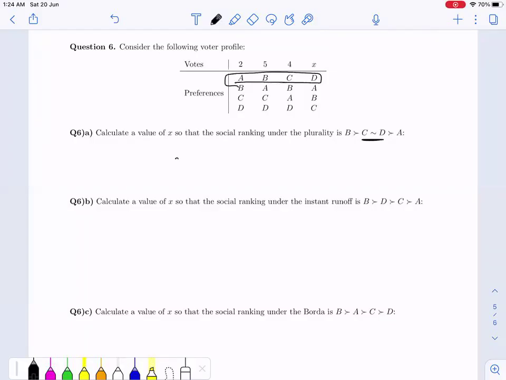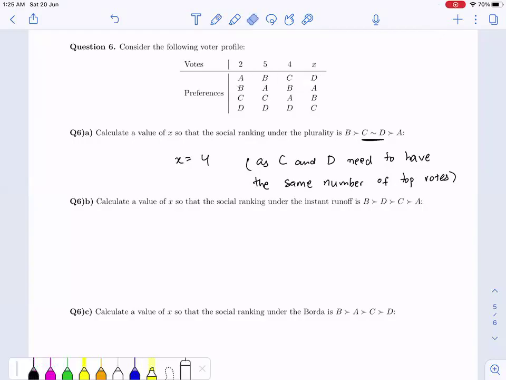So that means X needs to be 4 because C and D need to have the same number of top votes. Okay, so X is 4 in this case.